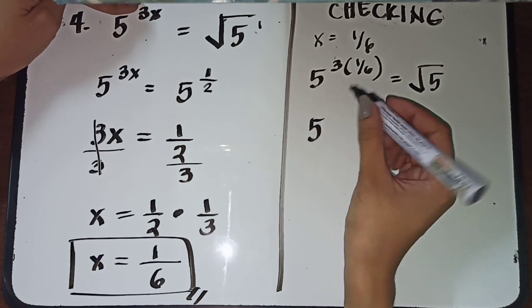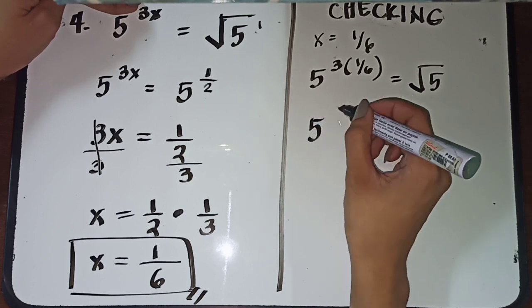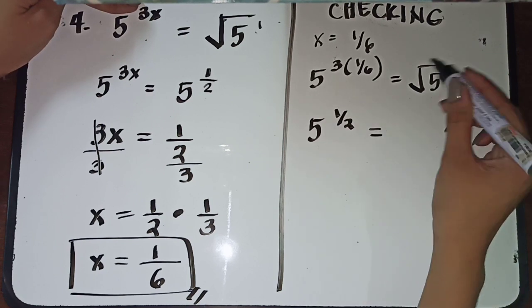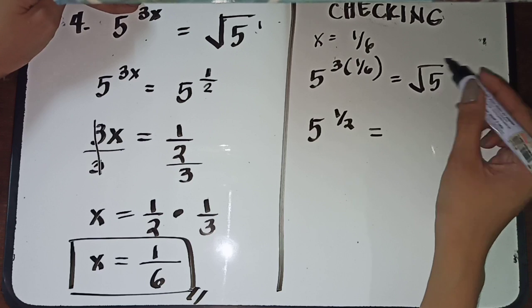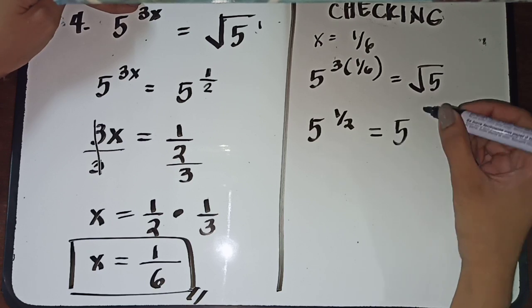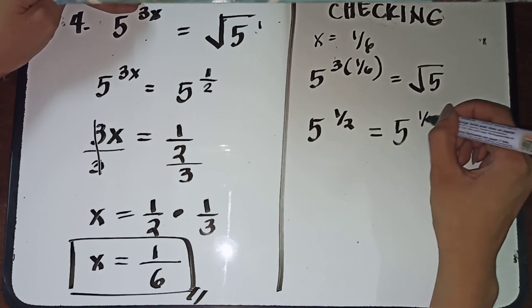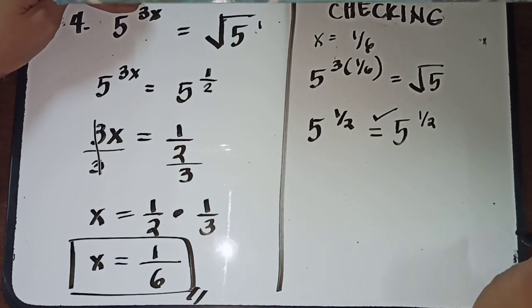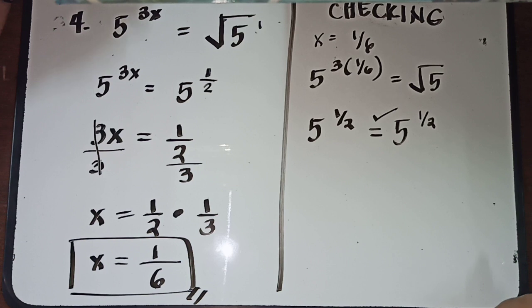And 3 multiplied by 1 over 6 is 3 over 6 or 1 half. So, that is equal to, again, this square root of 5 is also equal to 5 raised to 1 half. So, this is just the same. Okay, so nag-equal, nag-satisfy, ibig sabihin tama yung nakuha nating value ni x.